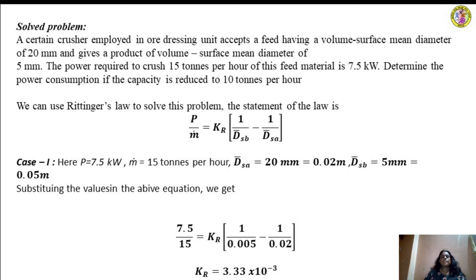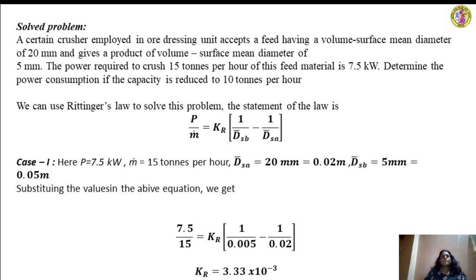So using these things, you have to find out the constant that is required for substitution in the statement of the law. Using that, you are supposed to calculate the power required to reduce the same material from the same size to the same product if the feed rate is reduced from 15 tons per hour to 10 tons per hour.